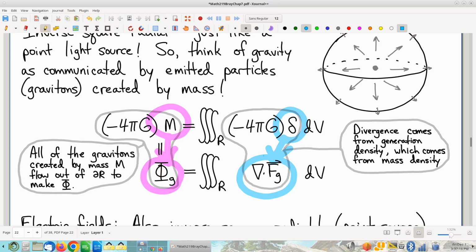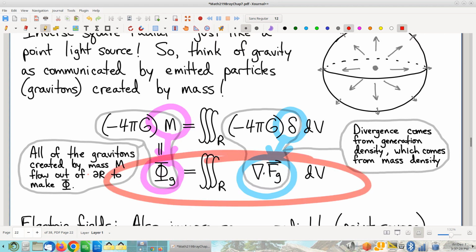Keep in mind, that's one of our interpretations of divergence. Divergence is flux density. So mass creates flux, mass density creates flux density, and the thing that connects them, the way that I connect these two closely related ideas, is Gauss's divergence theorem. So this is one of the extremely powerful things about Gauss's divergence theorem. It allows you to connect global ideas and local ideas in this powerful way.